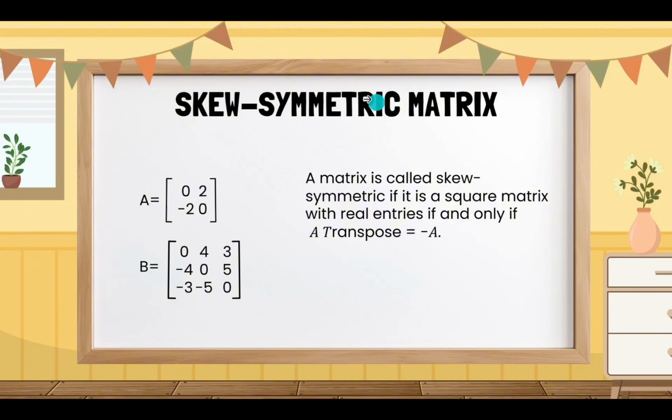So for example, when A is transposed, it's going to be equal to the negative of A. In a skew symmetric matrix, we have a main condition that needs to be satisfied, which is that the main diagonal needs to be 0. If the main diagonal is not equal to 0, it's not going to be a skew symmetric matrix.